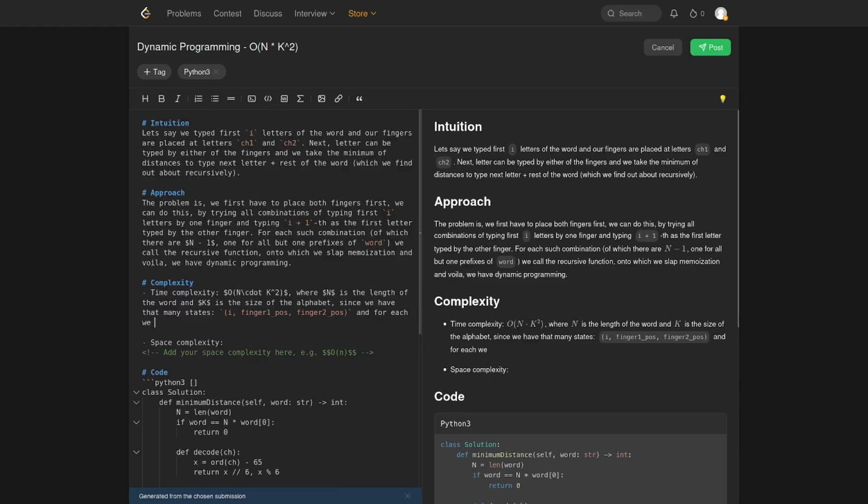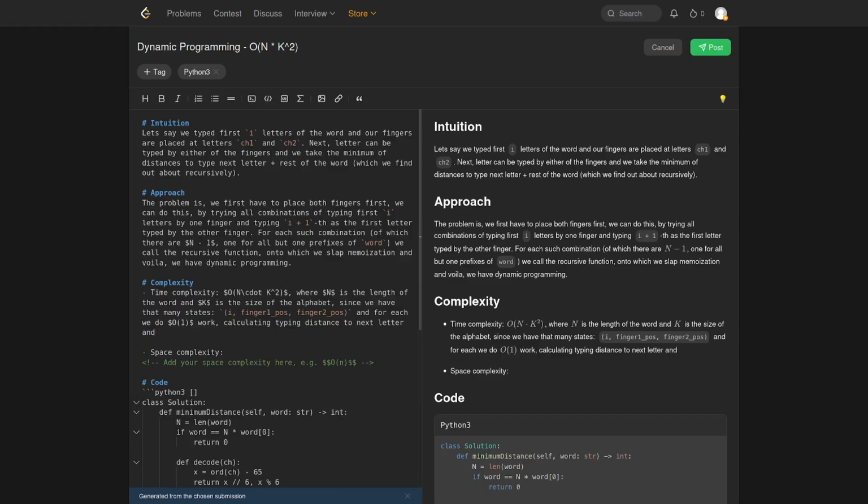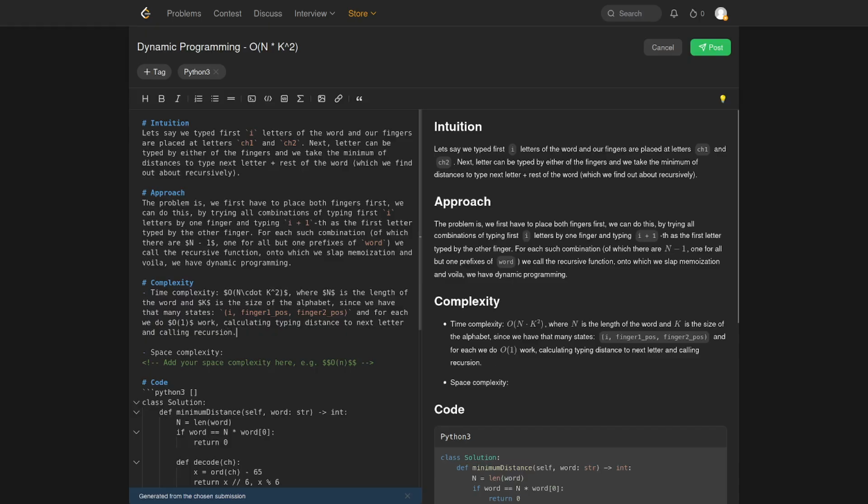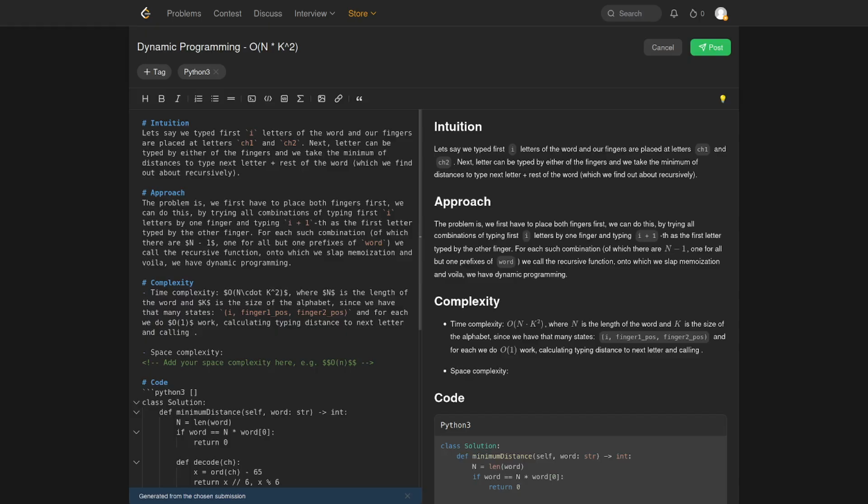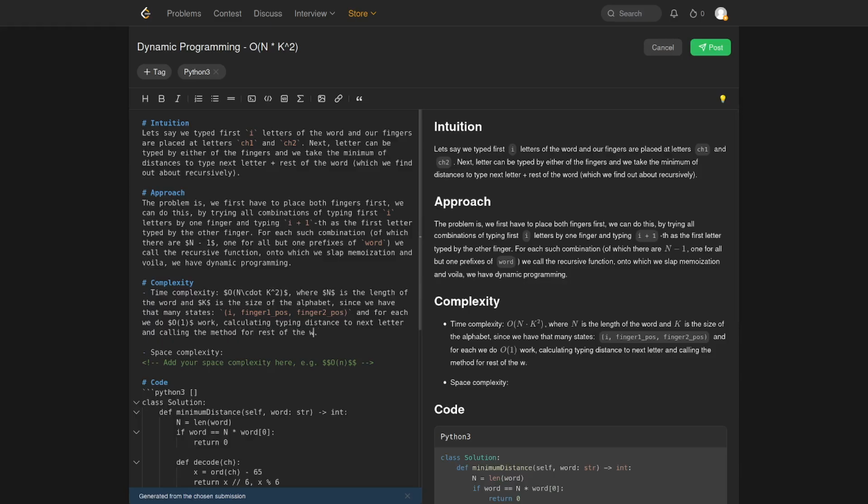And for each we do O of 1 work, checking, calculating the typing distance to the next letter, and calling the recursion method for the rest of the word.